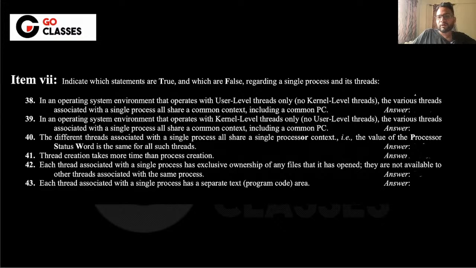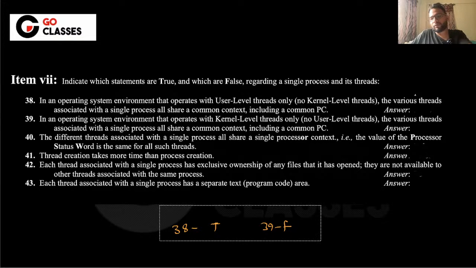Do they share a common PC, program counter, or are the registers different? If you are answering, Deeptansu or Harish, answer with the number, like 38 true, 39 false, so that I know which one you are answering.